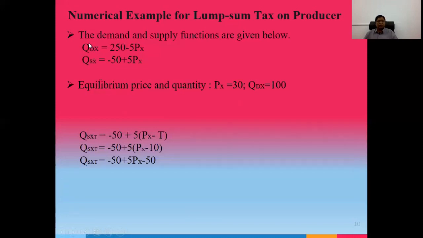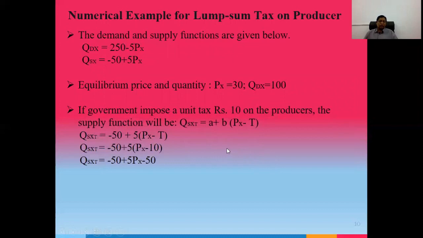By solving these two equations together for P, you will get the equilibrium price. That is Px equals 30. When you substitute the equilibrium price for Px in either equation, then you will get the equilibrium quantity QDX as 100.